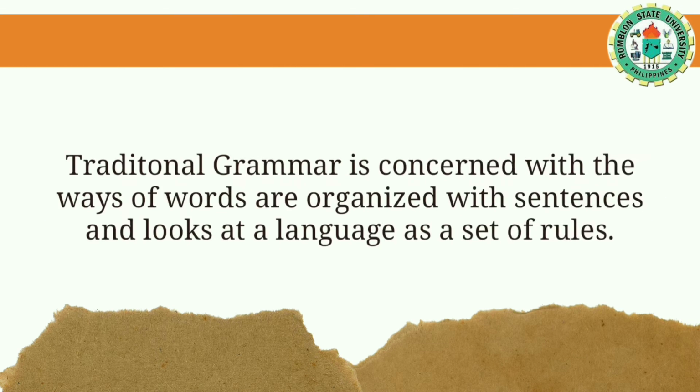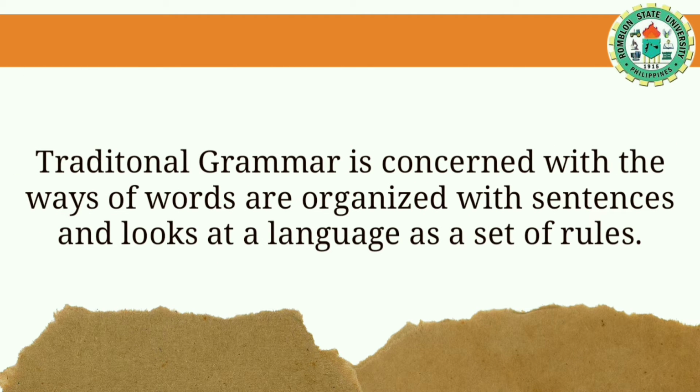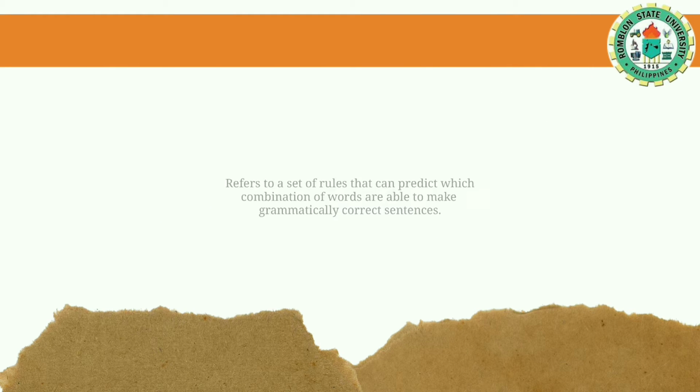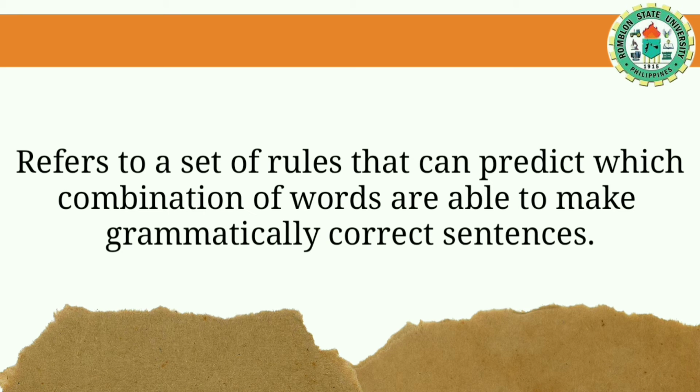Traditional grammar. Traditional grammar is concerned with the ways words are organized within sentences and looks at a language as a set of rules. Generative grammar refers to a set of rules that can predict which combination of words are able to make grammatically correct sentences.